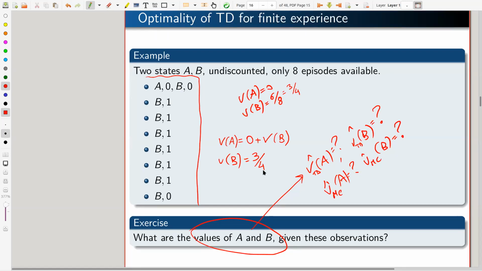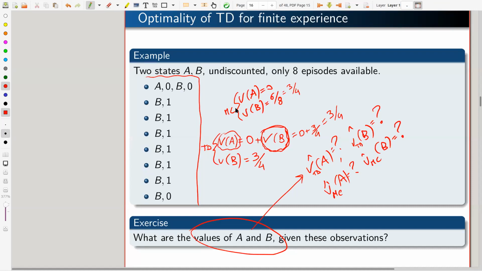Yeah. Okay. And so you are saying that the value of A is the reward I obtain, 0, plus the value of B, which is 3/4. So you think it is correct to bootstrap the value of A with the estimate of the value of B. Yeah. And so you are a temporal difference guy. Okay, this is the temporal difference answer, and this is the Monte Carlo answer.